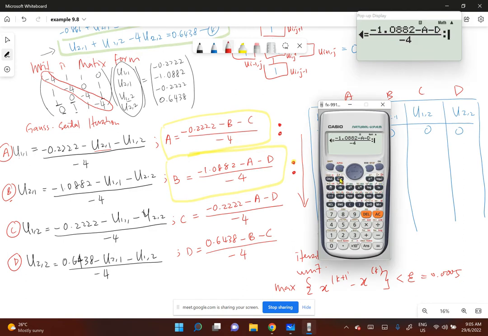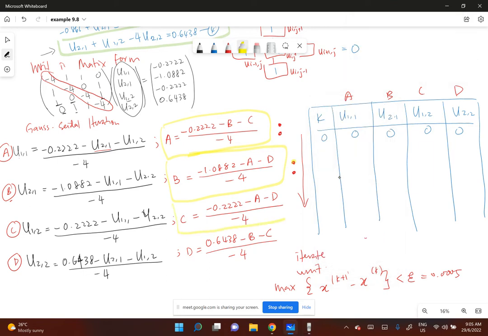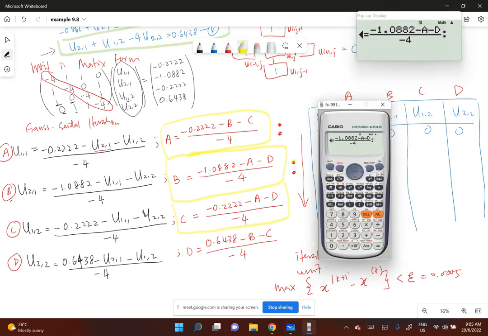Continue with C: alpha C, alpha equal, negative 0.2222 minus alpha A minus alpha D divided by negative 4.